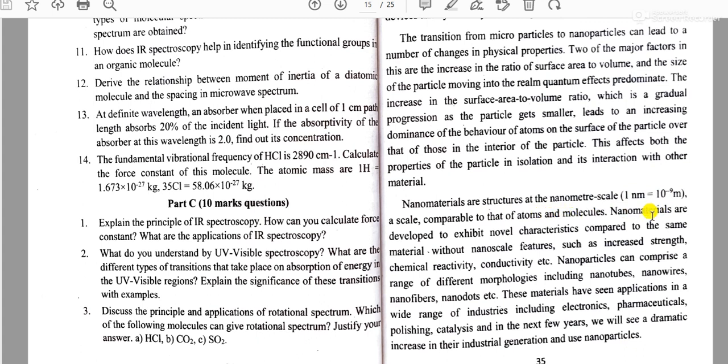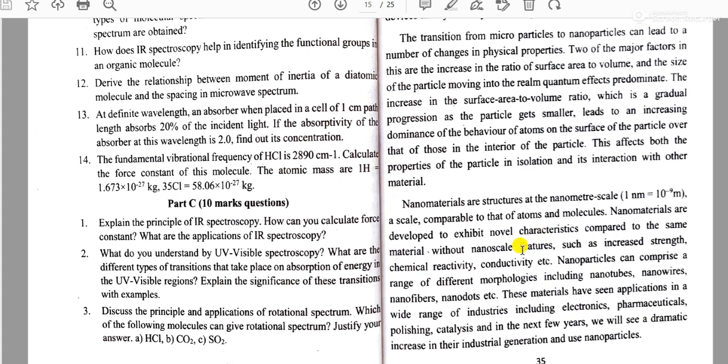Nanomaterials are developed to exhibit novel characteristics compared to the same material without nanoscale features, such as increased strength, chemical reactivity, conductivity, etc. So when a material is reduced to nano size, certain novel characteristics are introduced inside these nanomaterials.